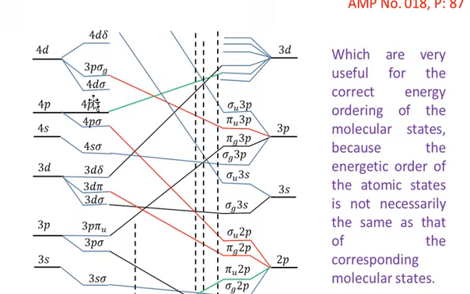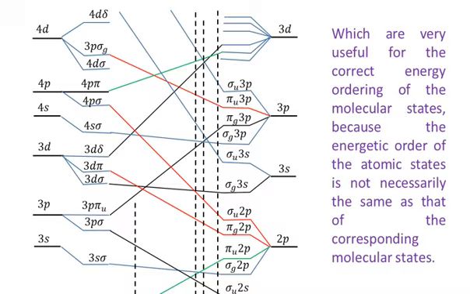You know that these are the states that correspond to the united atoms. And on the right hand side you have the states that correspond to the separated atoms. Again, the labels of the states are given over here, for example 2s, 2p, 3s, 3p, 4d, 3d and so on.